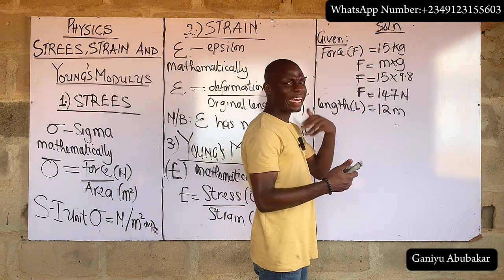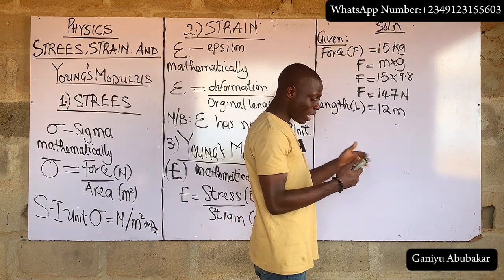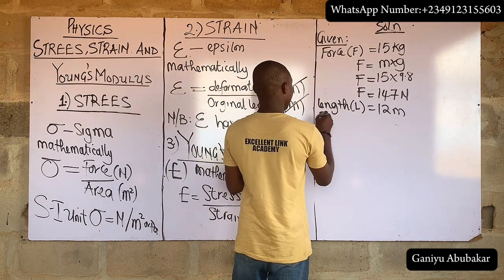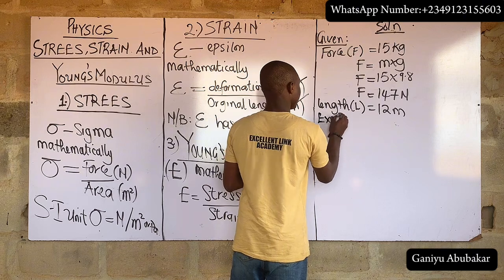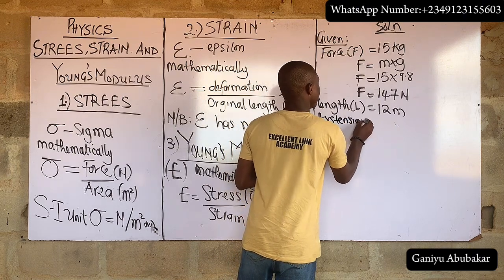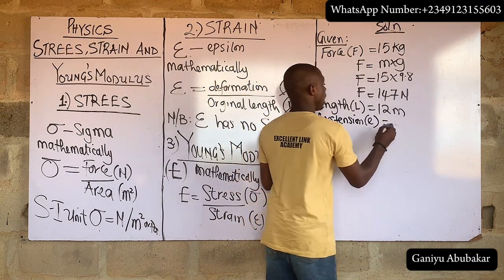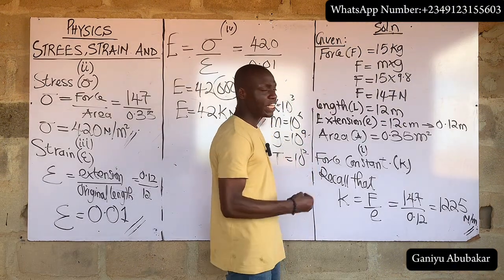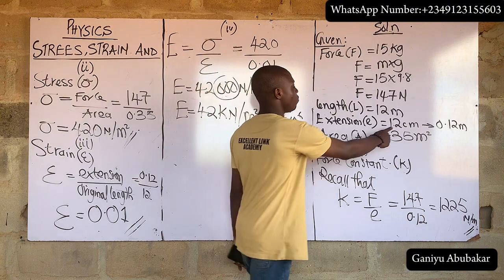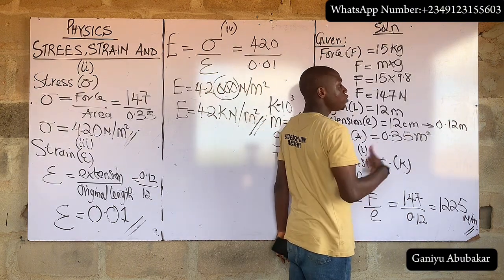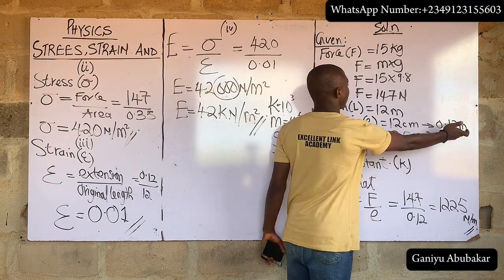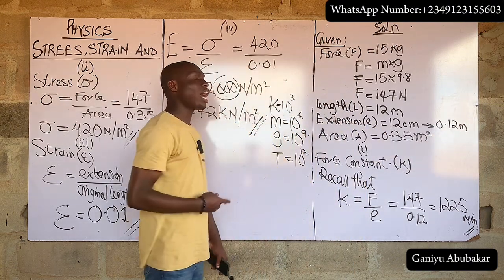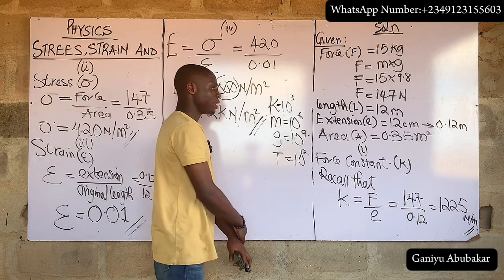That length becomes an extension, right? So I'm given extension E as 12 centimeter. I'll simply convert the centimeter to meter. So I have 0.12 meters, because we said extensions are usually in meters.